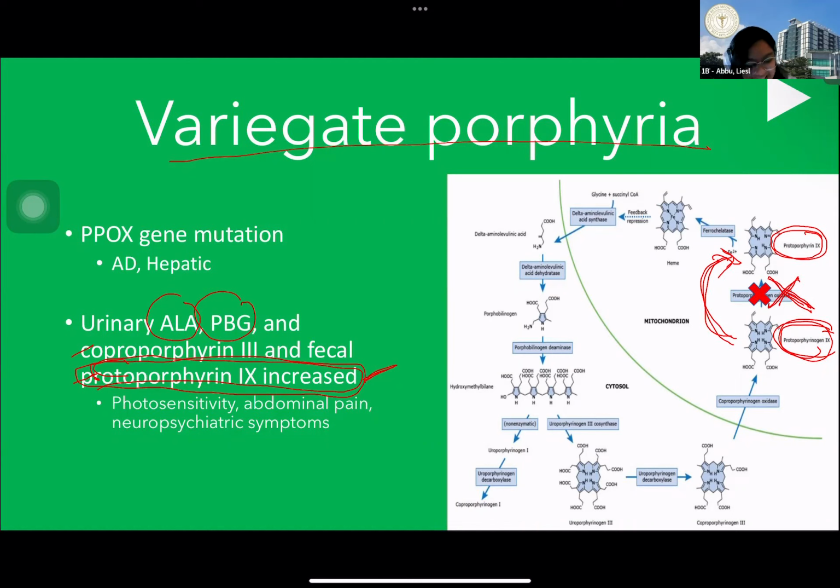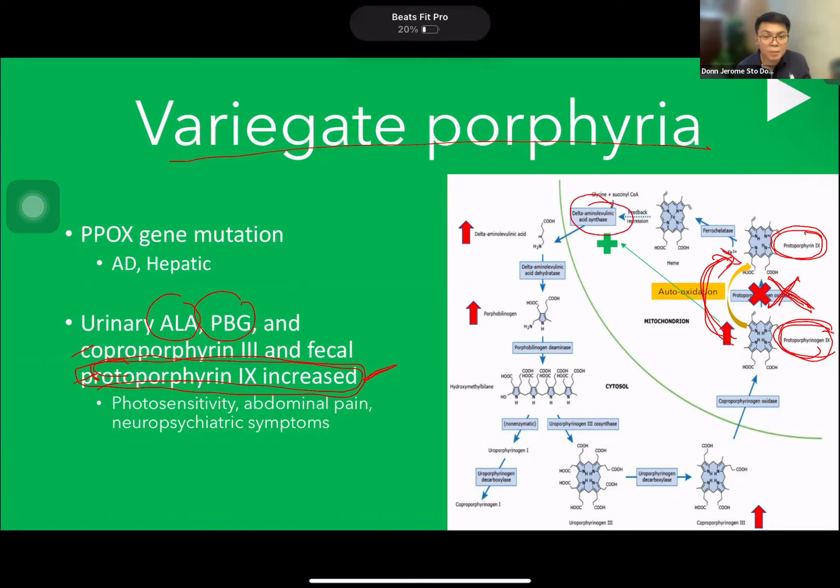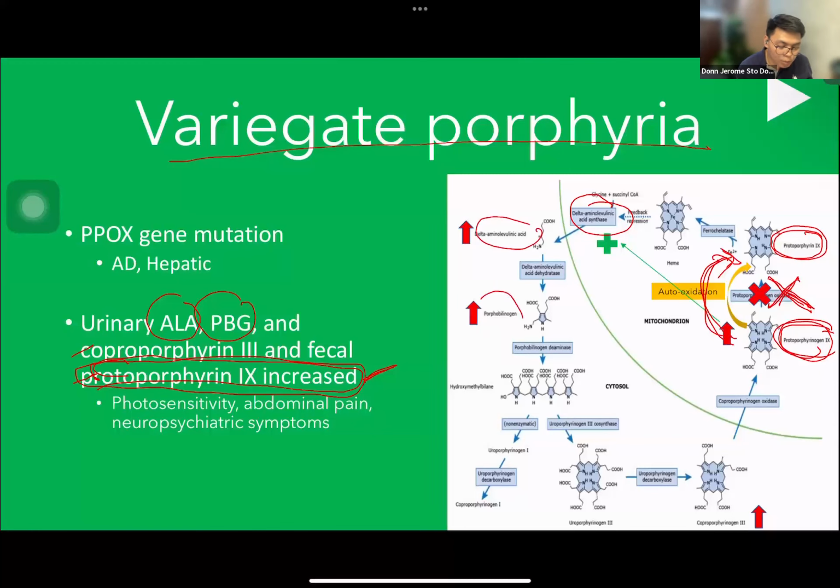Okay, so that is because of the spontaneous oxidation of the porphyrinogens to their porphyrin counterparts, even without the use of enzyme. Di ba? We mentioned that a while ago. So you would also have elevation in your coproporphyrin as well as your urinary ALA and PBG. The reason for your urinary ALA and PBG elevation is because protoporphyrinogen is able to activate your ALA synthase, which generates the intermediates ALA and porphobilinogen.